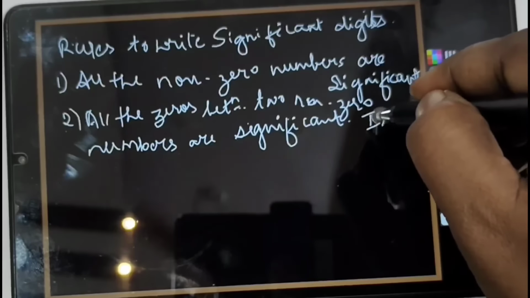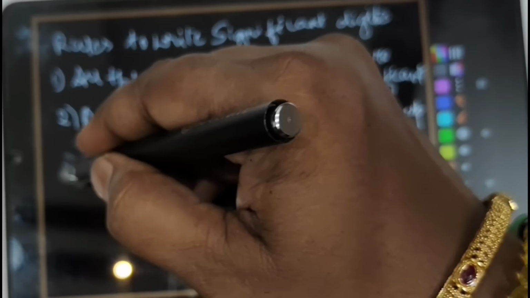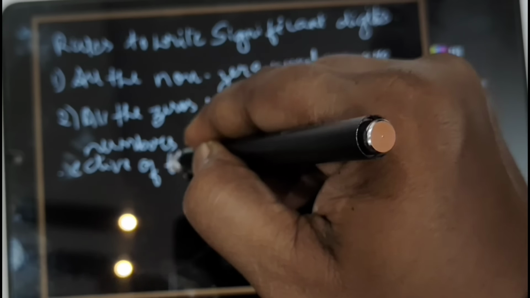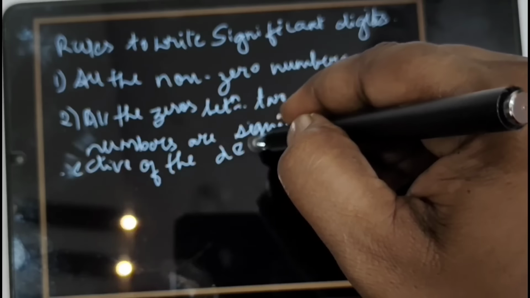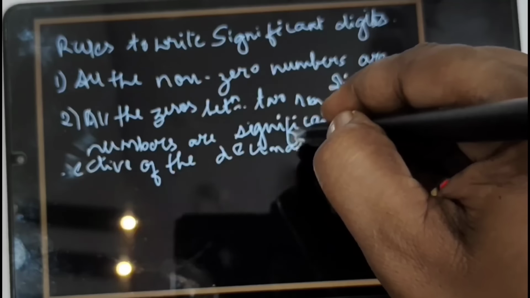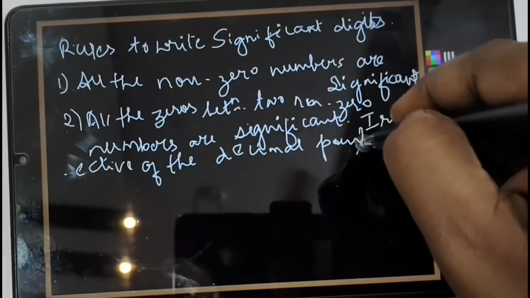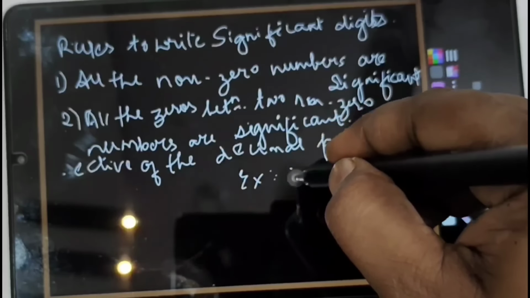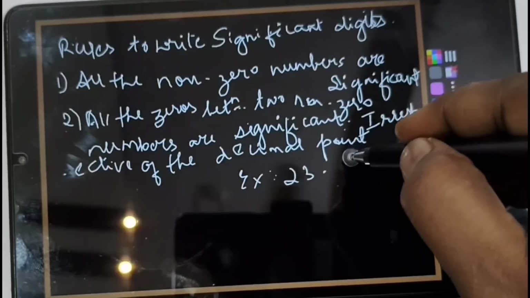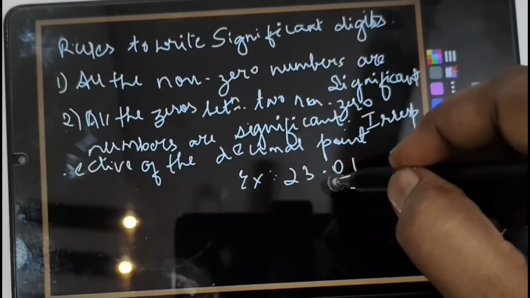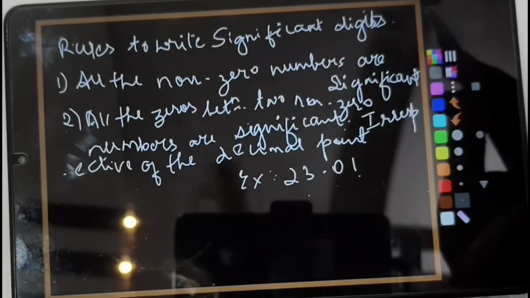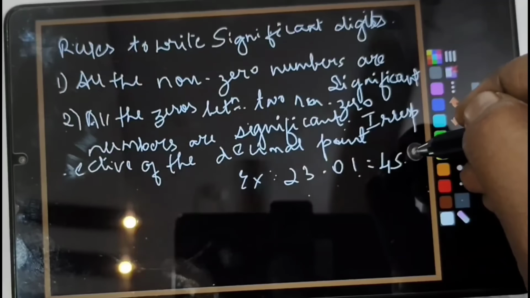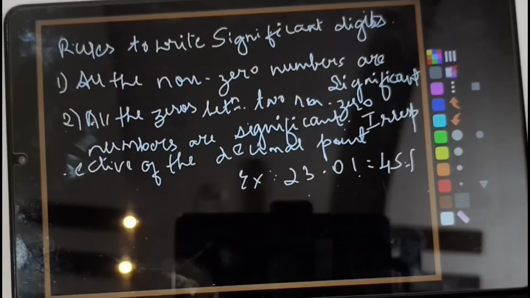For example, 23.01. Here 0 is in between the non-zero numbers, so the number of significant figures will be 4, or you can also write it as significant digits.